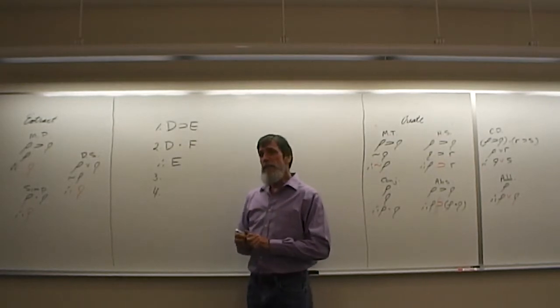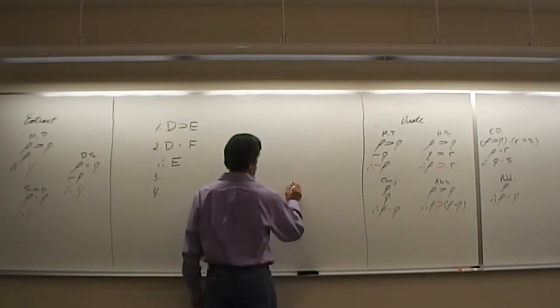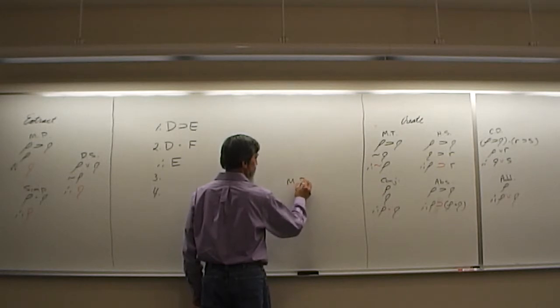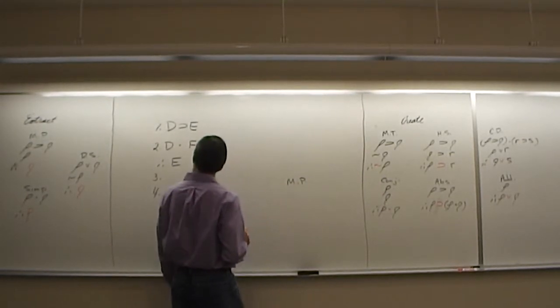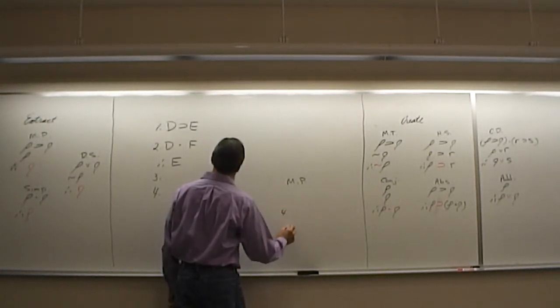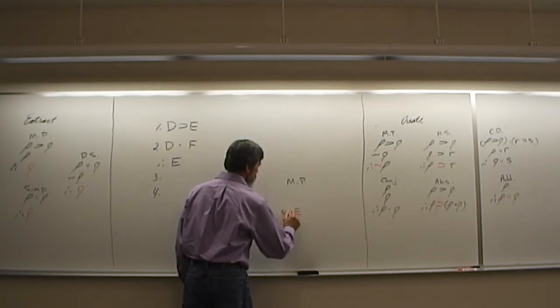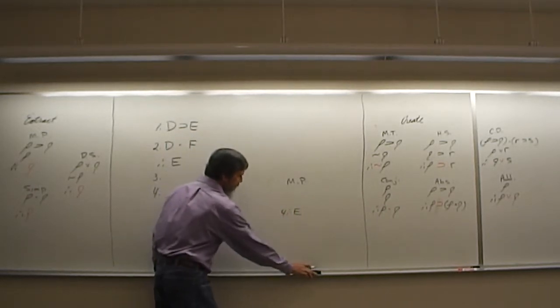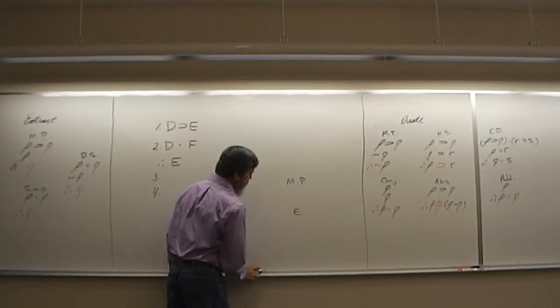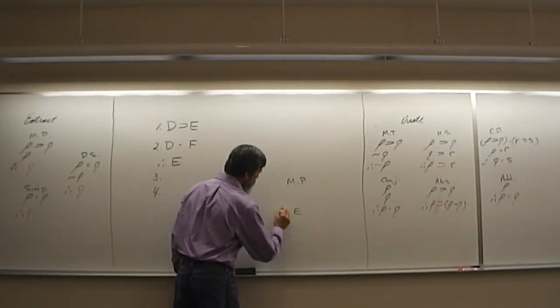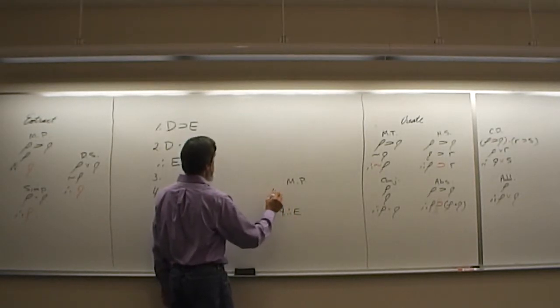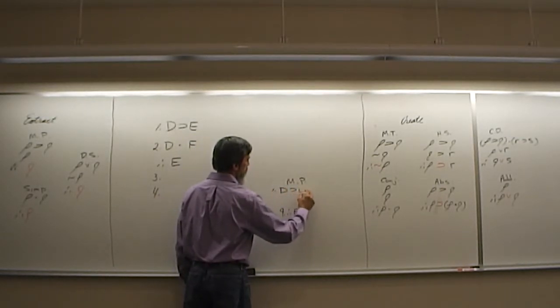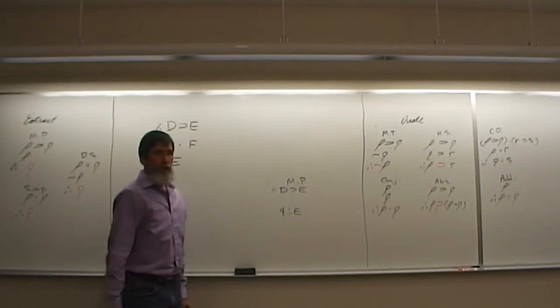So we're going to anticipate that the very last step of the proof is going to be to extract E from line 1 using modus ponens.